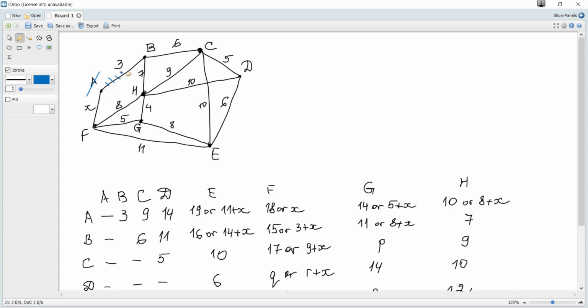A is deleted with its adjacent edges, and we start at B. We choose the edge with the least weight from B, because we start at B. It's BC, and the weight is 6.